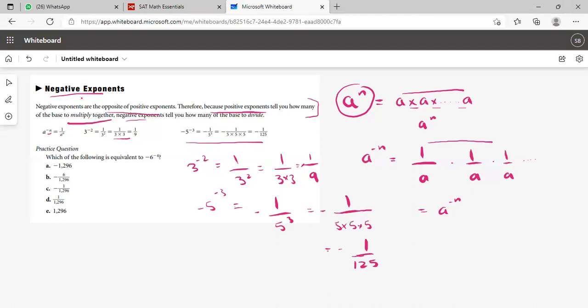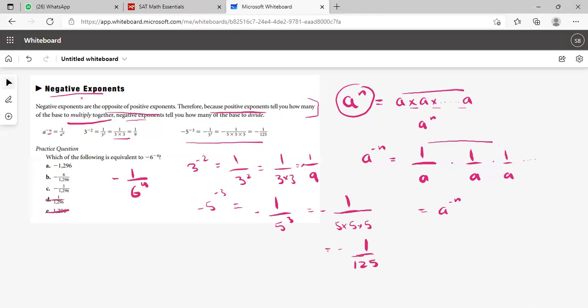Okay, let's just look into this practice question. Which of the following is equivalent to minus 6 to the minus 4? Okay, so we are sure of the fact that the answer is going to have a negative sign and it is going to be a fraction. The answer would be minus 1 over 6 to the 4. So this cannot be the answer because it is positive.